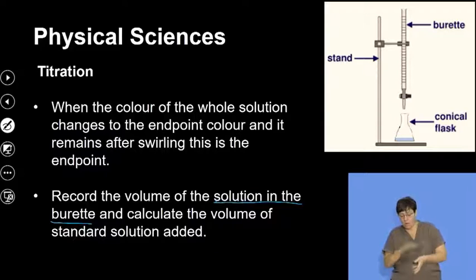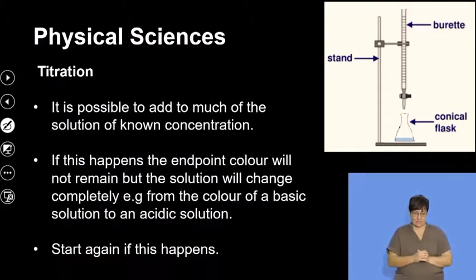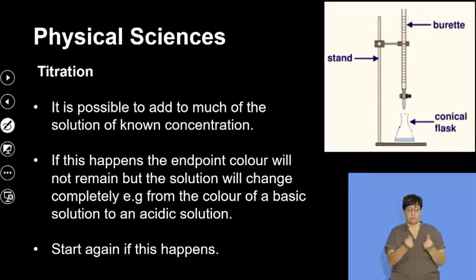And the volume of the other substance would have been recorded, the one that goes into the conical flask, okay? So it's about measurement, and more measurement, right? So at the end point, we would say, okay, this is roughly the volume of the standard solution that was used in the titration, okay?